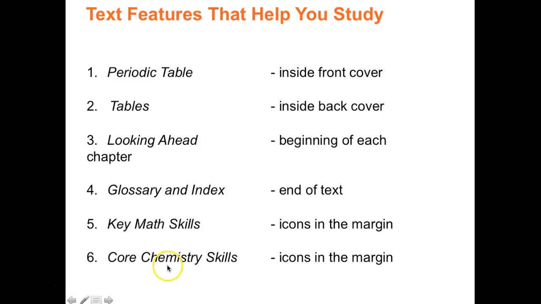Key math skills and core chemistry skills. Now, these two are really important because the first tells you exactly the math skills that you require for the chapter, and the second gives you all of the chemistry skills required, even from previous chapters, so it ties everything up.